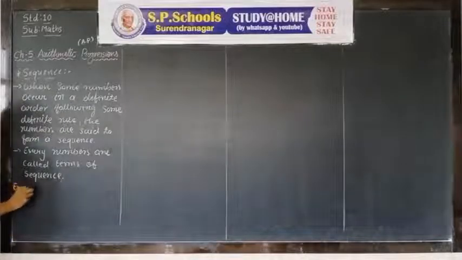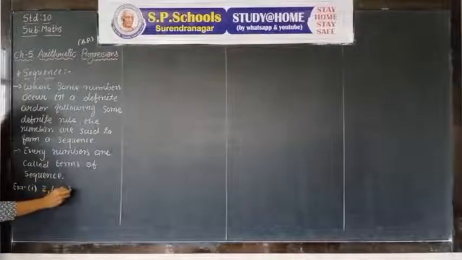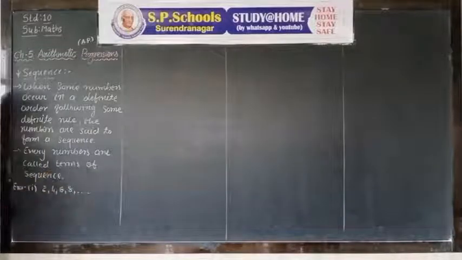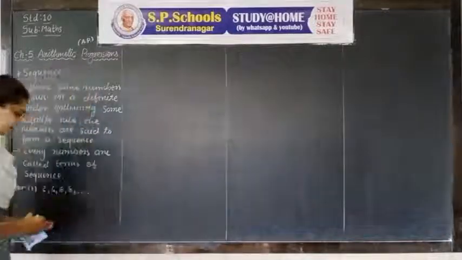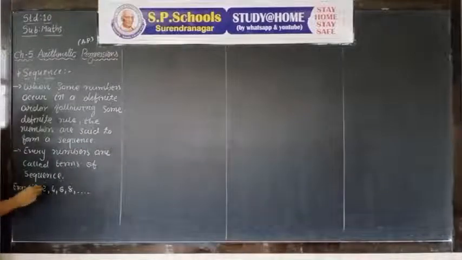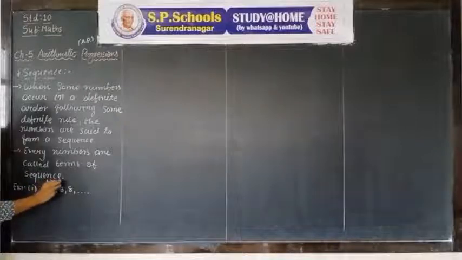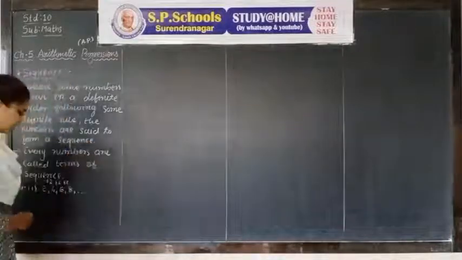First is 2, 4, 6, 8 up to infinite. It is one type of sequence. We obtain each number by adding 2 to its previous number. 2 plus 2 gives 4, 4 plus 2 gives 6, 6 plus 2 gives 8, 8 plus 2 gives 10, up to infinite.